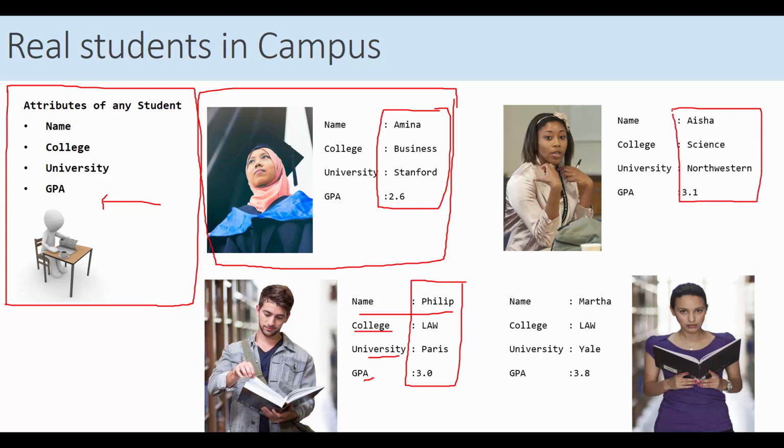The class itself tells you the definition of a student, that a student must have a name, a college, university, and GPA.